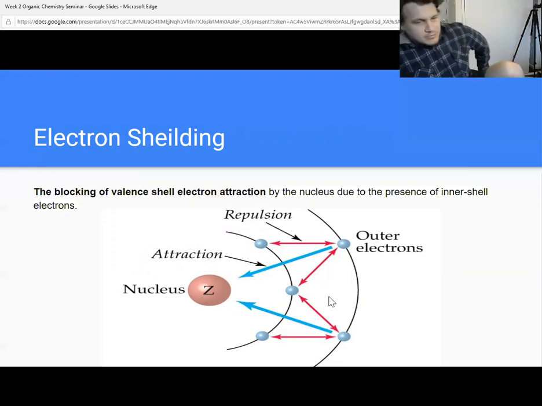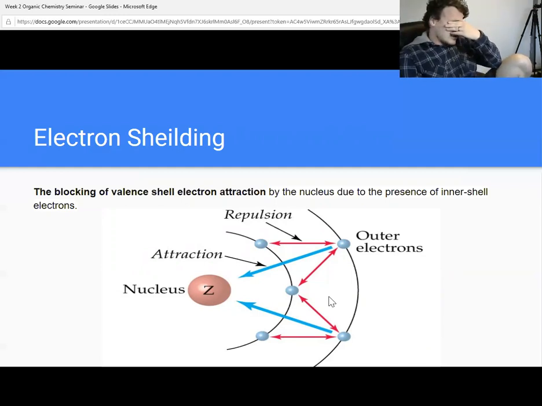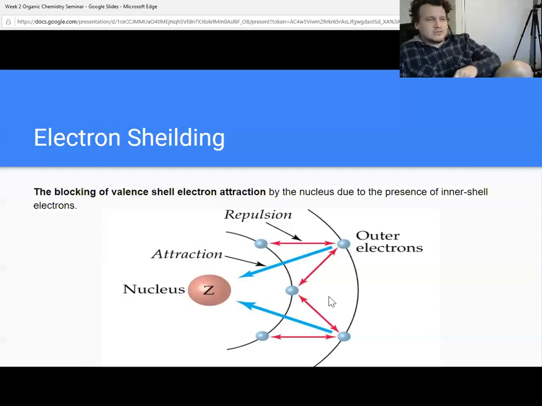So it becomes really reactive, and immediately when it sees oxygen, nitrogen, or fluorine that's in this state, it will immediately try and bind with it. So the inner shells stop the outer electrons from being attracted to the nucleus. When you take that away, then the pulling power of the nucleus towards electrons is significantly increased.